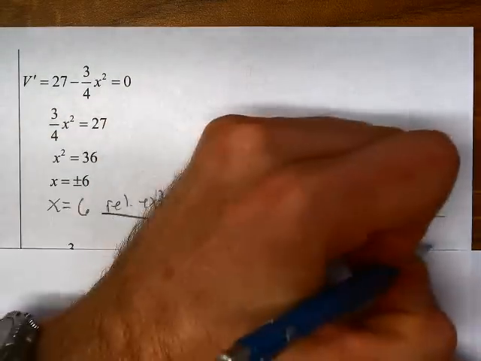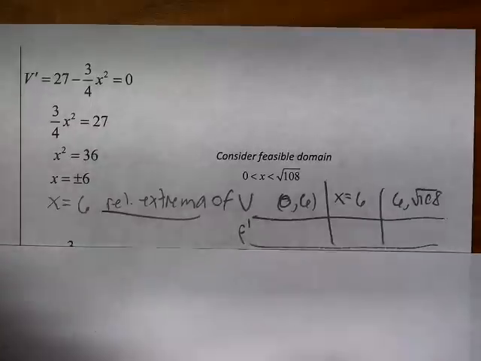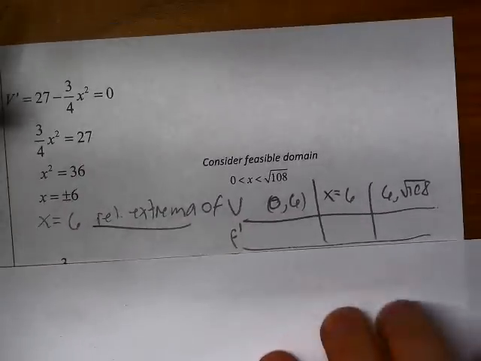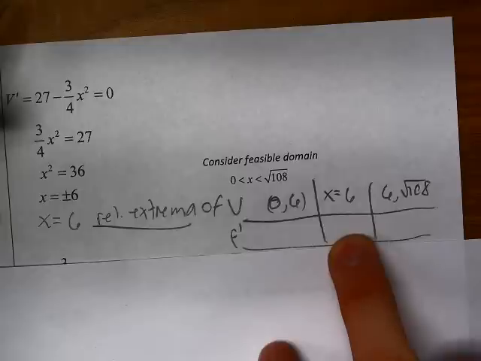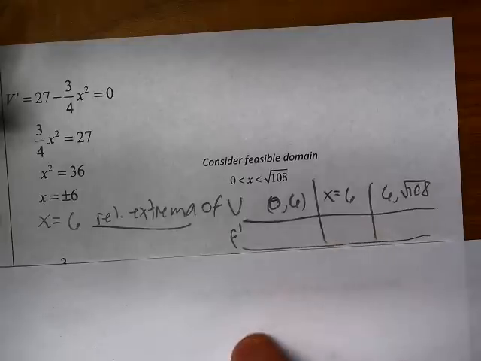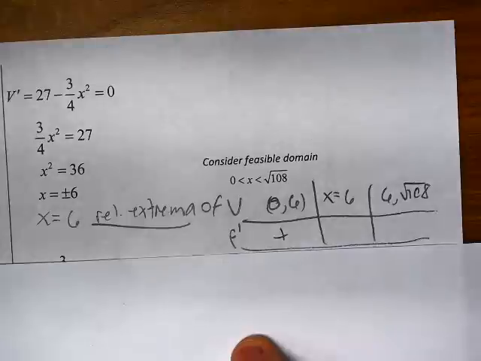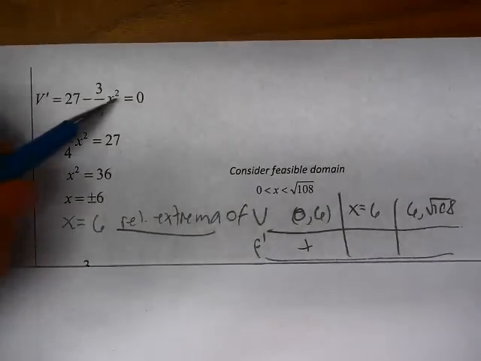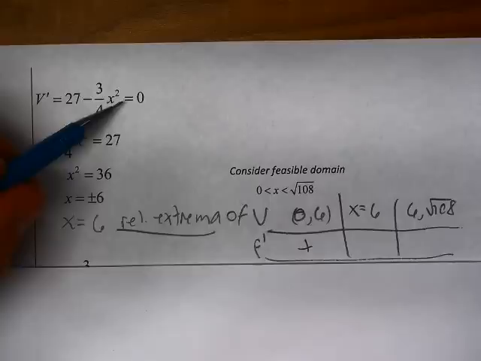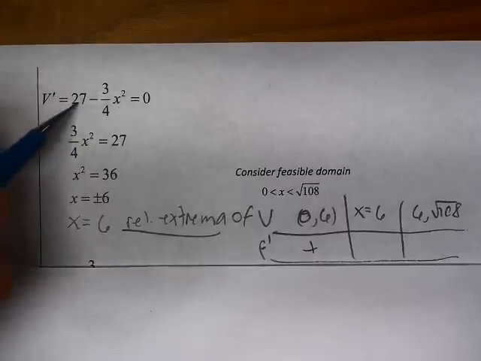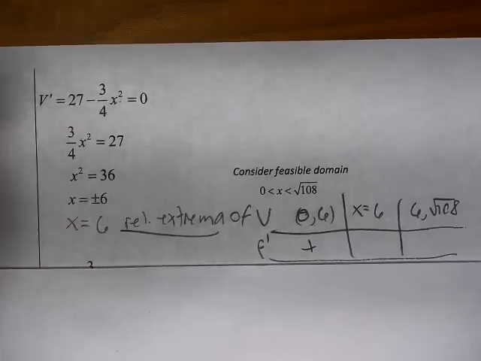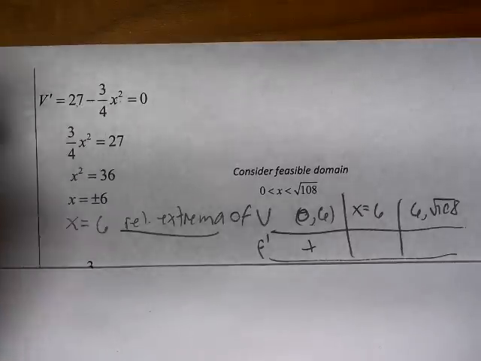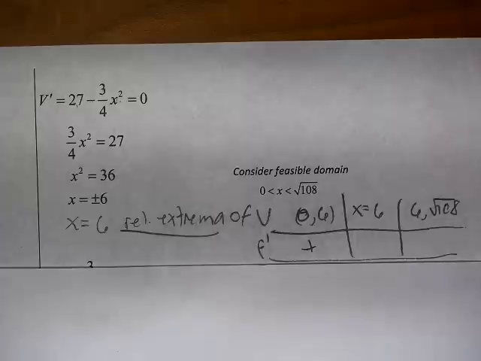And I could look at my first derivative, and I would certainly hope that I would get a relative maximum at 6. So if that were the case, I should get a positive first derivative before 6. So if I look at this, the derivative is 27 minus 3/4 x squared. So 27 minus 3/4 of 36 is zero. That's good.